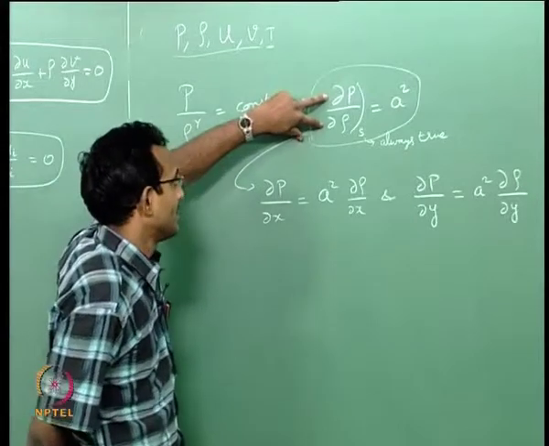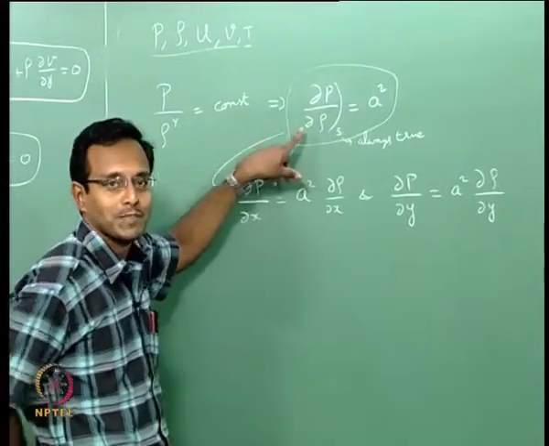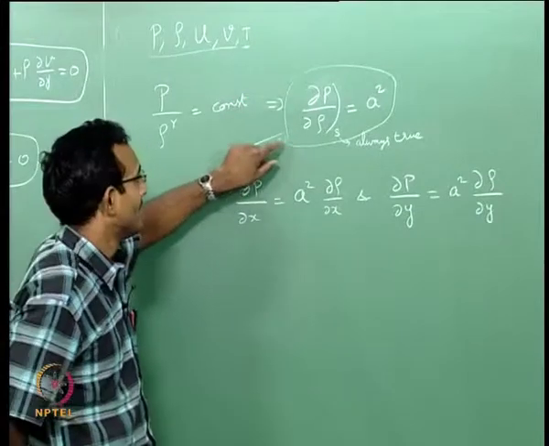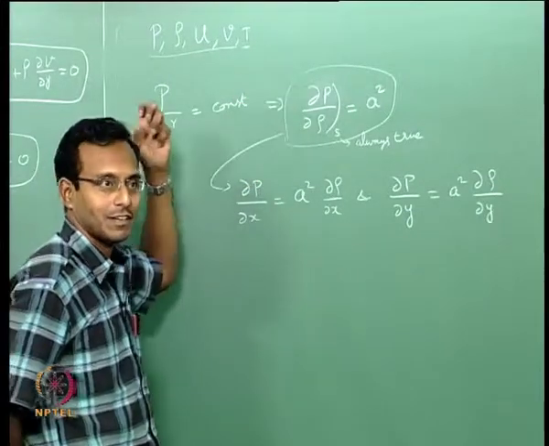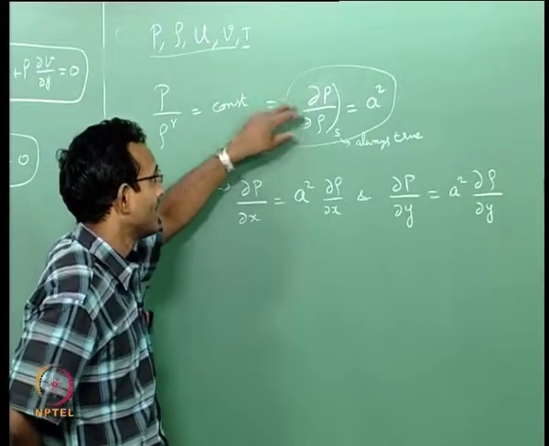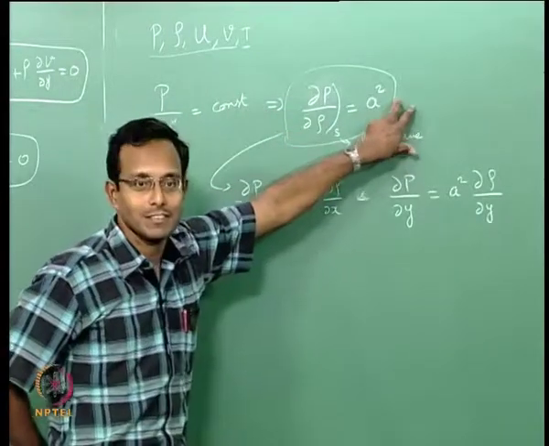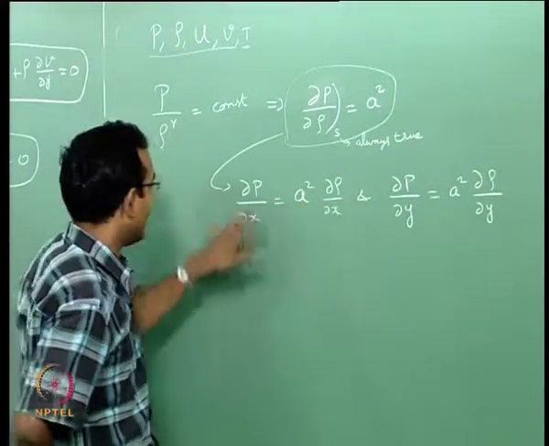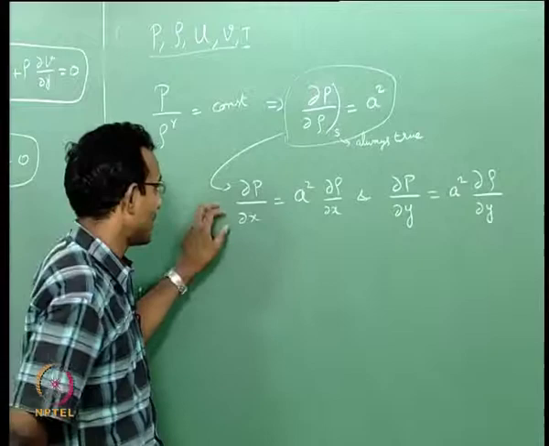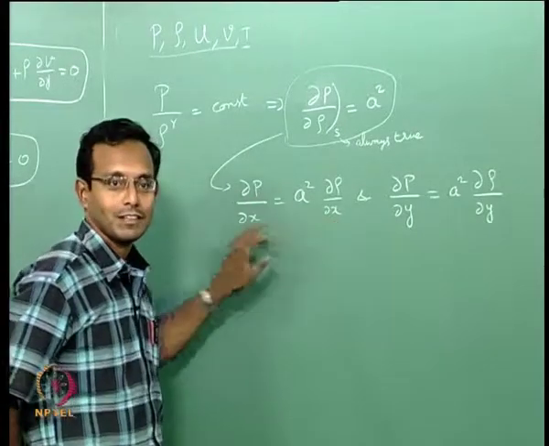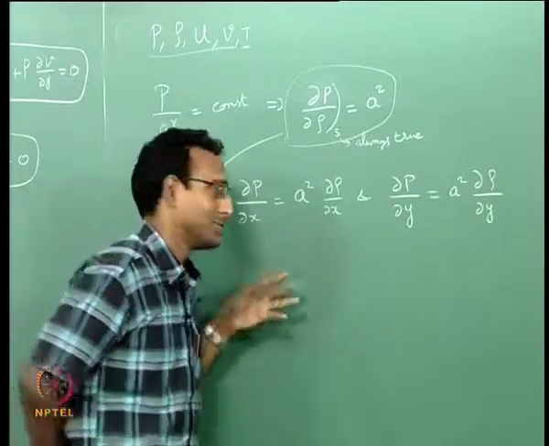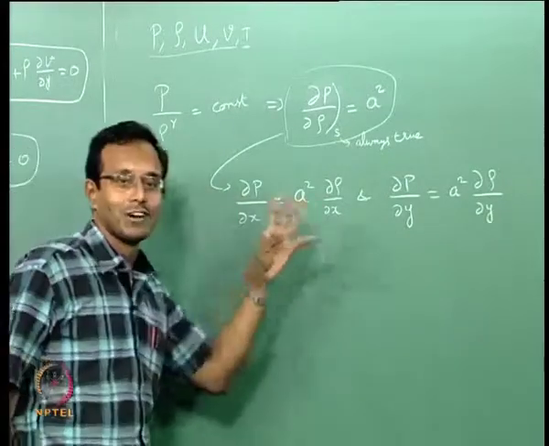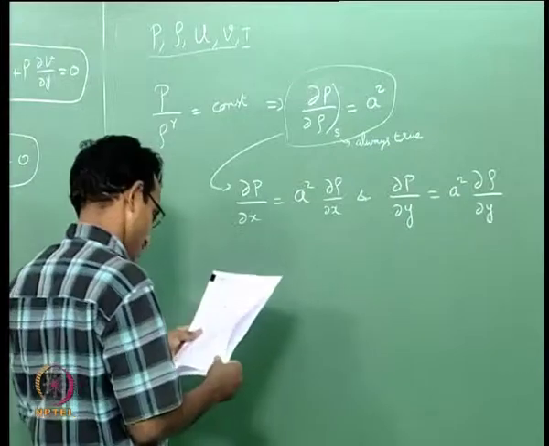Any derivative can be represented as delta p by delta rho, in the limit delta rho tends to 0. I will remove the limit currently, and then take this delta rho and multiply it on that side. I have this expression without delta rho at the bottom. Now I will divide each side by delta x and put the limit delta x tends to 0 again. Then I will get to this expression, just a calculus rearrangement. The same thing done for delta y, you get to this expression. That is a simple way of looking at what I have done.